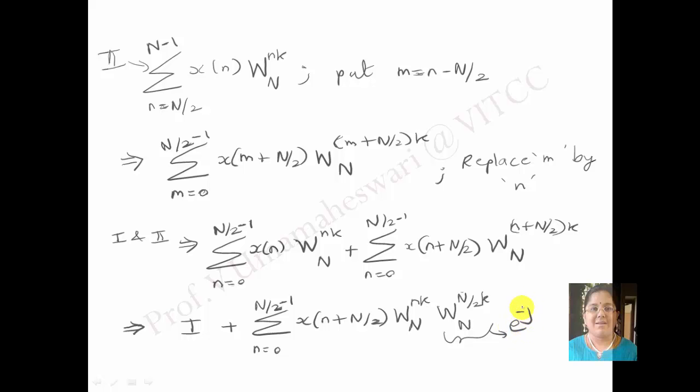E power minus j 2 pi (N by 2) k divided by N. So ultimately it's going to become, N and N get cancelled, 2 gets cancelled, e power minus j pi k, which will be nothing but minus 1 the whole power k.